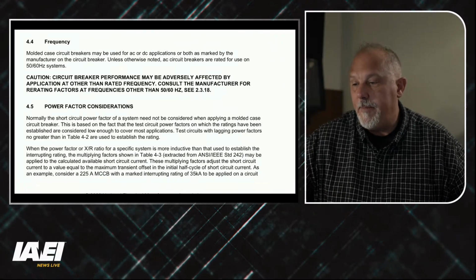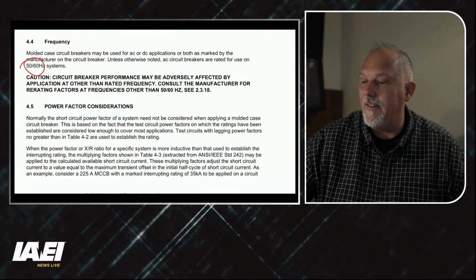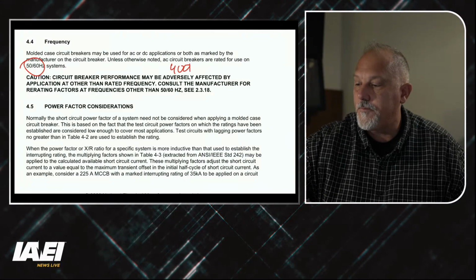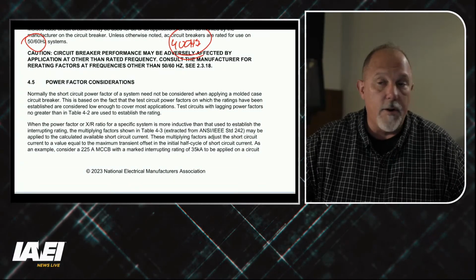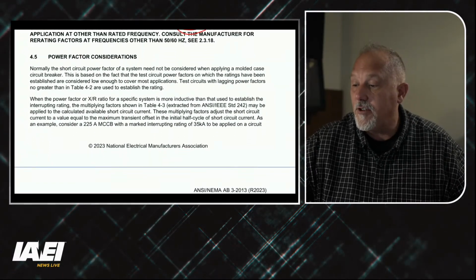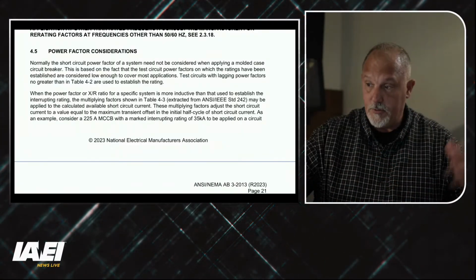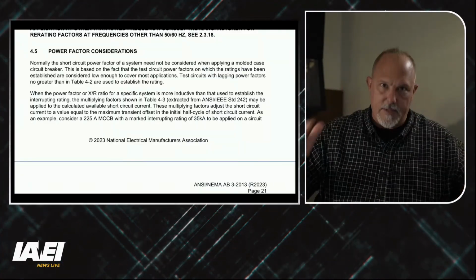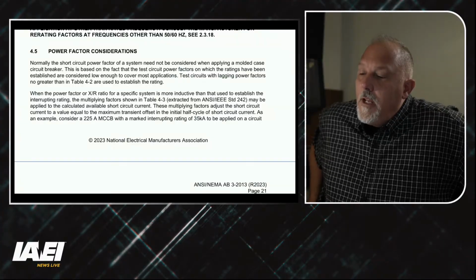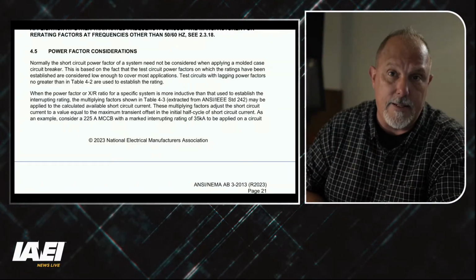All right, we already talked a little bit about frequency. There's your 50, 60 hertz. We already said if you have 400 hertz, consult the manufacturer and look for a 400 hertz breaker. Power factor config. Okay, is this a big misapplication? Let me couch that. Not a big misapplication, but an opportunity for a misapplication in some instances.